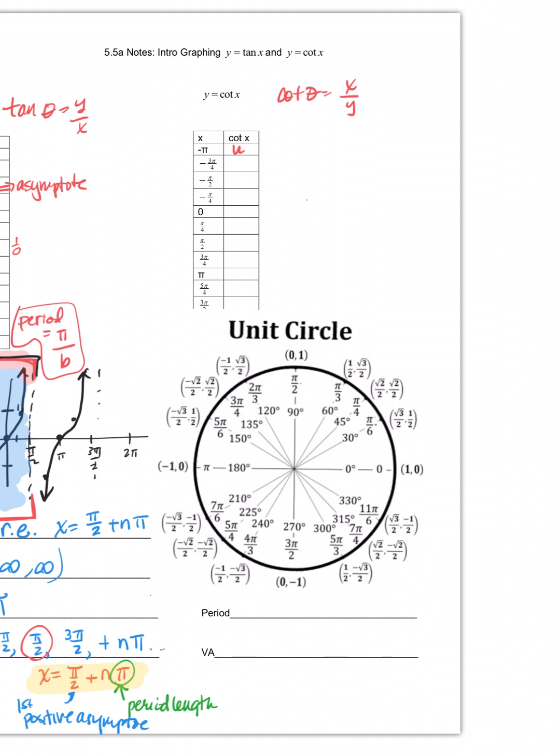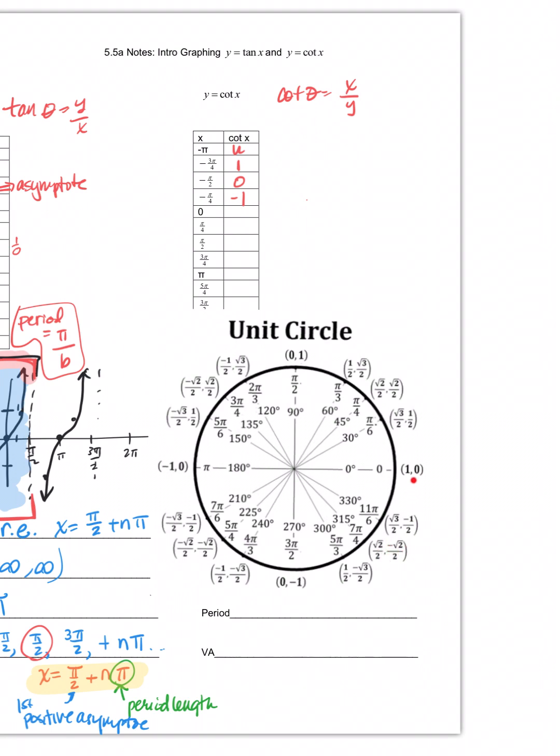Negative 3 pi over 4, negative 1 over negative... it'd be positive 1, wouldn't it? Positive 1. Negative pi over 2, 0. Negative pi over 4, negative 1. Do you see it?